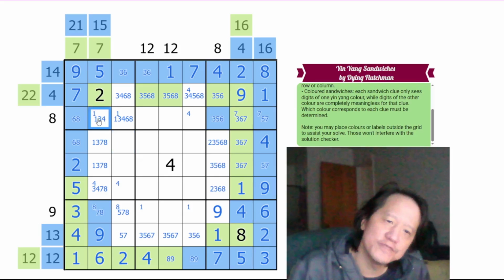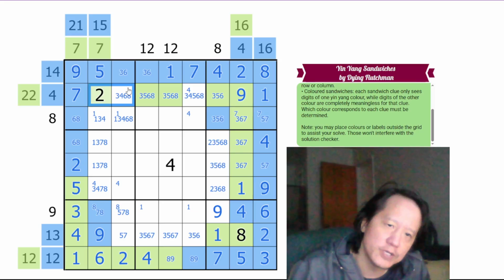Oh, interesting. So if this is 1, that means it has to be blue, which means green has to go here. So this could not be 4 if that's the case.